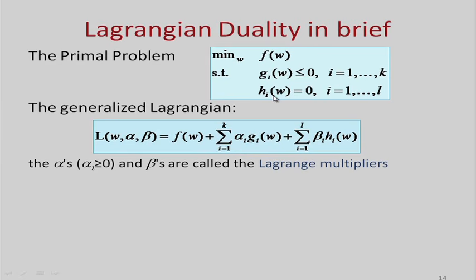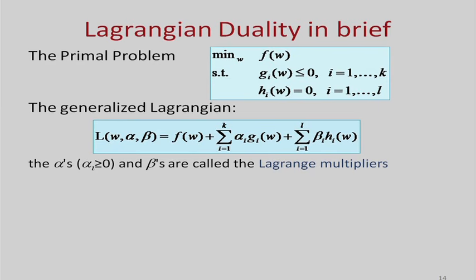Corresponding to this problem, the generalized Lagrangian is given by a function of w, alpha, beta: f(w) plus summation over i equal to 1 to k of alpha i gi(w) plus summation i equal to 1 to L of beta i hi(w), where hi(w) are the equality constraints and gi(w) are the inequality constraints.